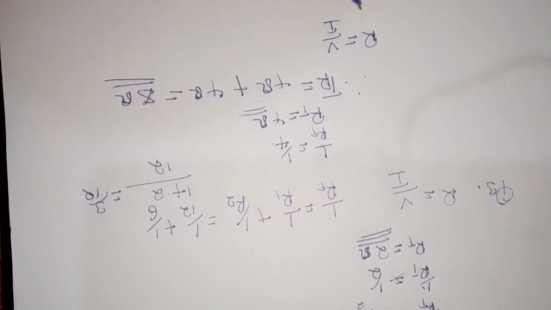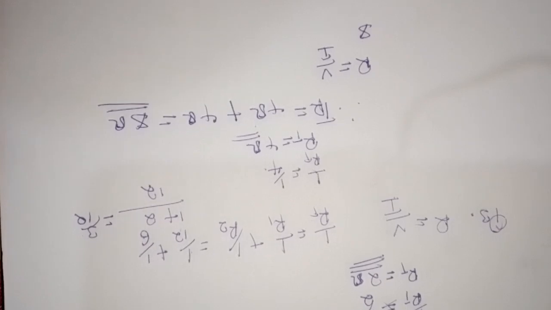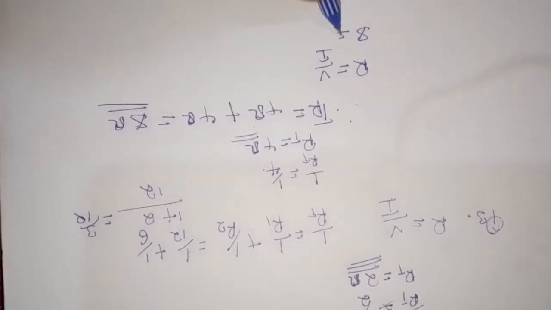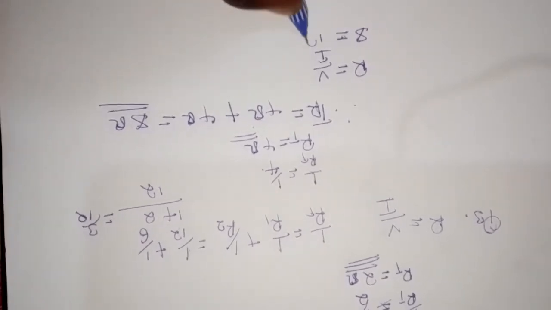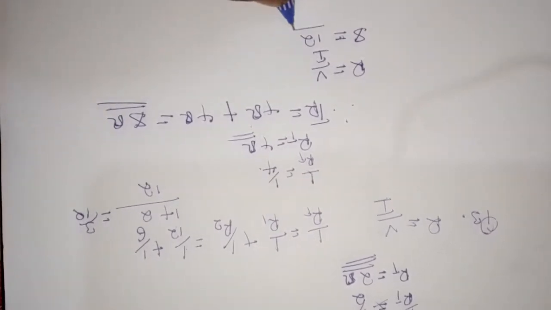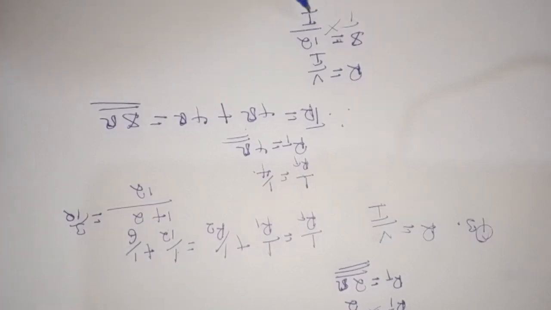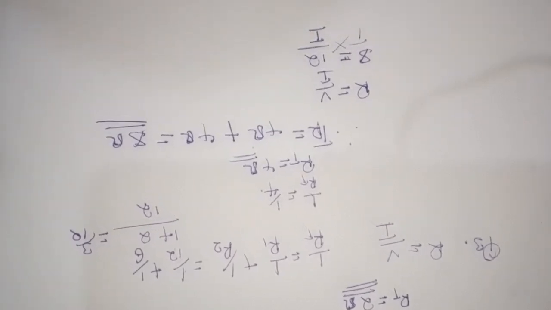Remember, our total resistance is 8. We can say 8 is equal to voltage, it was 12 according to our question, if you check clearly there, over or divided by current, which is the one that we are looking for. Then we do cross multiplication.